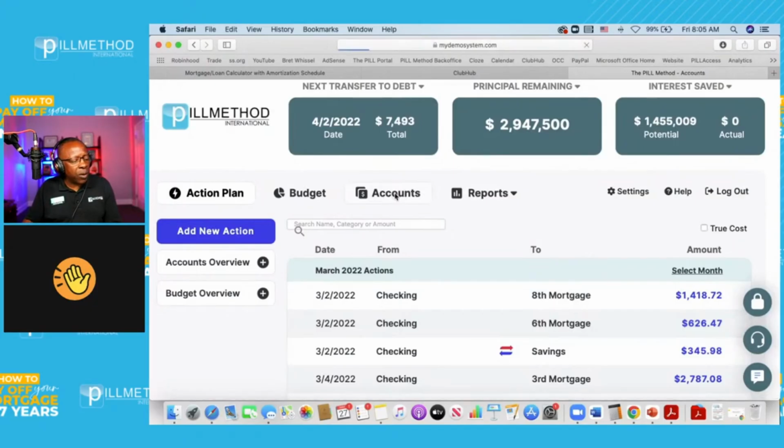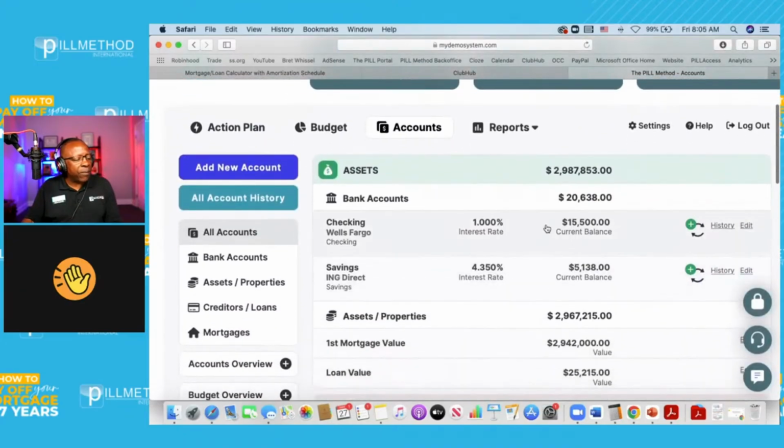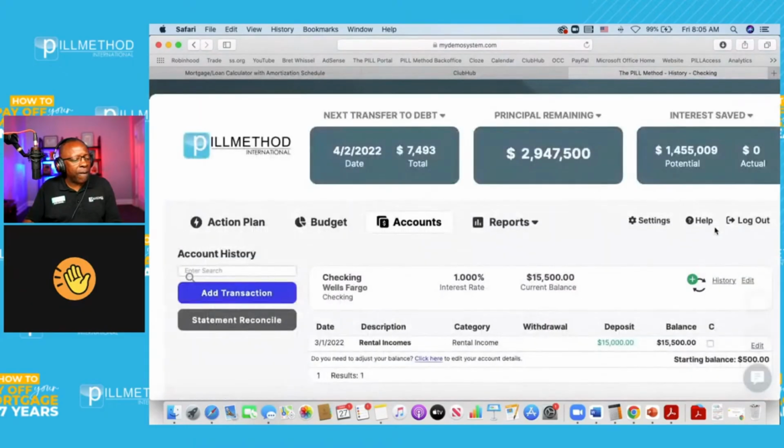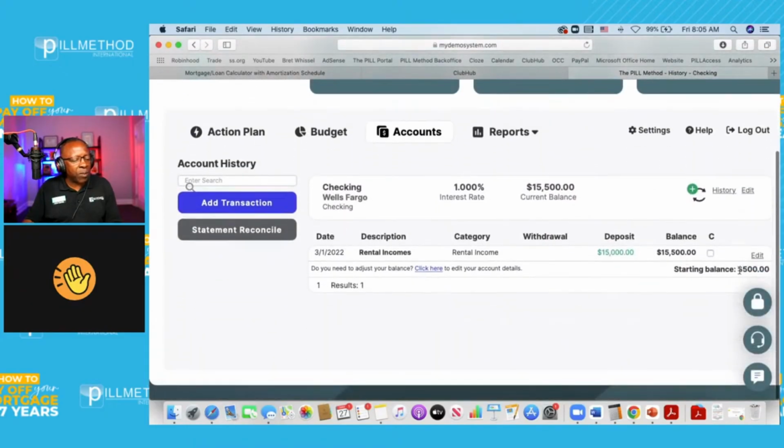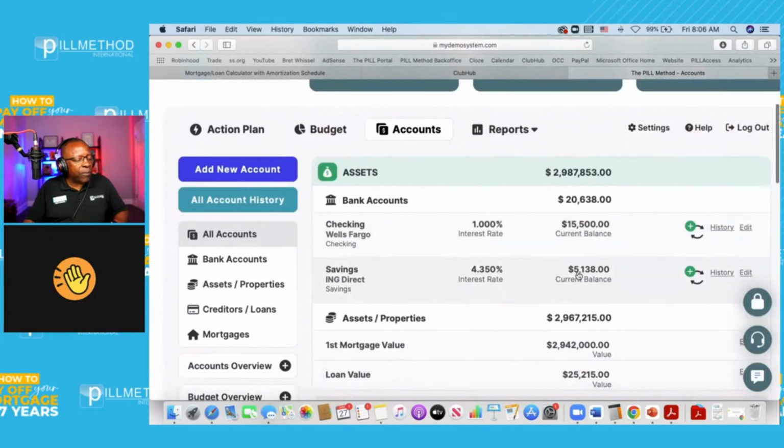We go into accounts, and we can see that it went into his checking account. So if we check the history here, we find out that his starting balance was $500. He put $15,000 in. So now he has $15,500 in his checking account. So we go back, click on the accounts, and the checking, we have about $5,000 in savings.